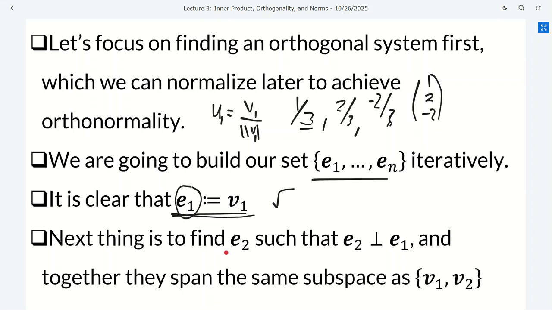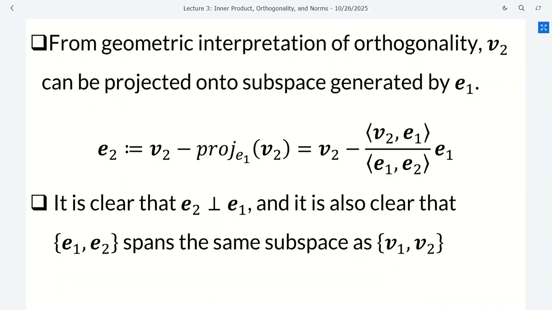Now to find the E2, we know that E2 and E1 should be orthogonal, so we can find their inner product. If you find the projection, this is what we are going to get. You know the V2: V2 is equal to 3, 6, minus 6.